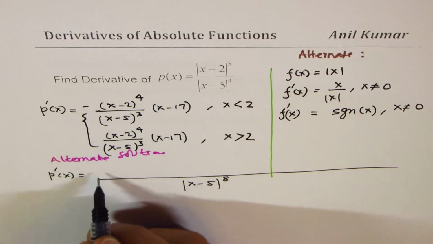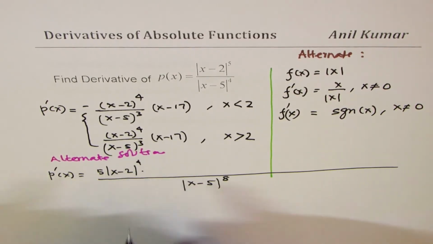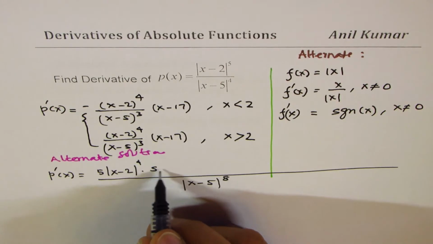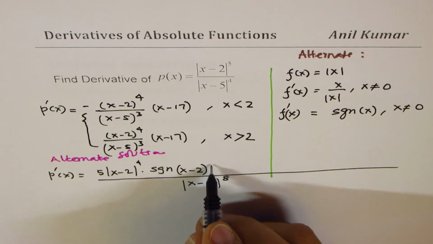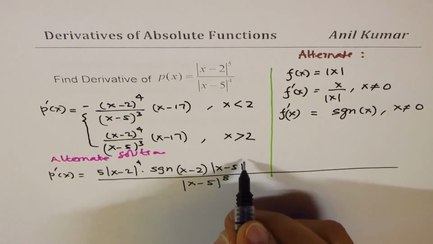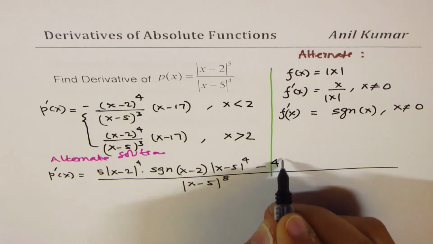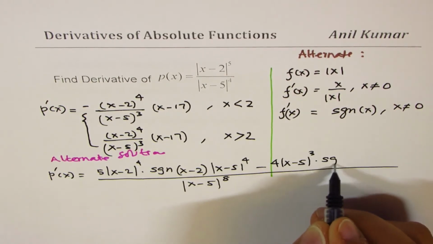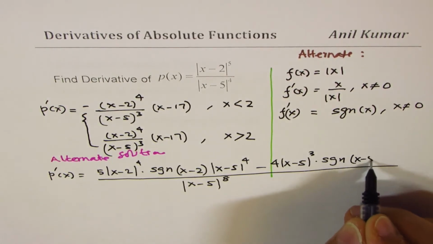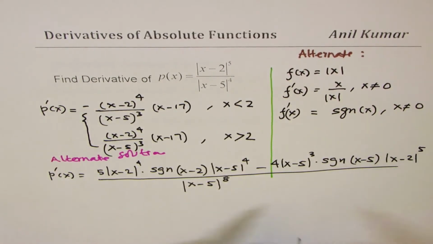Derivative of the numerator, which is the power rule first, 5 times the absolute value of x minus 2 to the power of 4 times the derivative of this, which is signum x minus 2, right? Times the denominator, which is the absolute value of x minus 5 to the power of 4, minus the derivative of the denominator, which is 4 times the absolute value of x minus 5 to the power of 3 times signum x minus 5, times the absolute value of x minus 2 to the power of 5, right? So that becomes the derivative of your function.